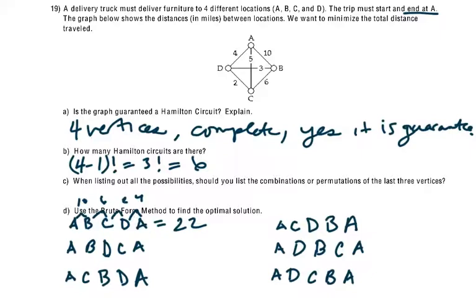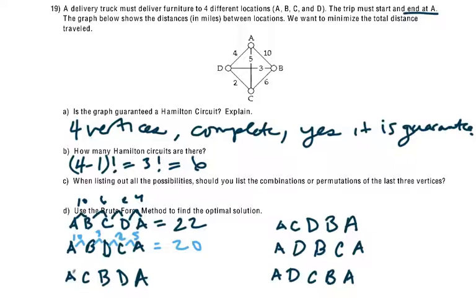All right, for the next one, we have A to B is 10, B to D is 3, D to C is 2, and C to A is 5. We add those all up and we get 20.